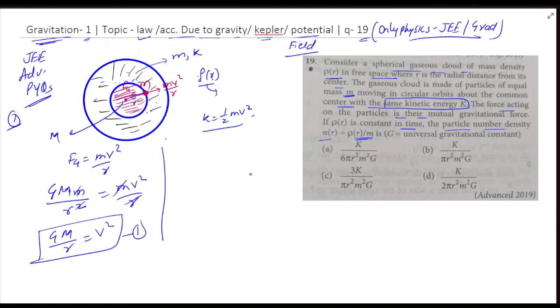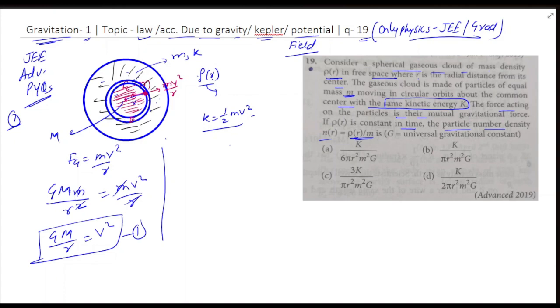Now, if we get the density with respect to r, then we'll get the answer. If I take another sphere like this, this will be our integrating element at a distance r.